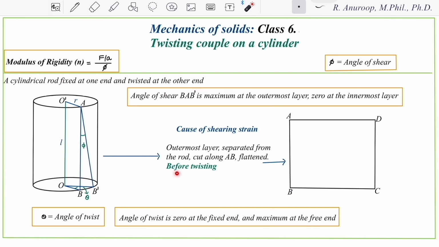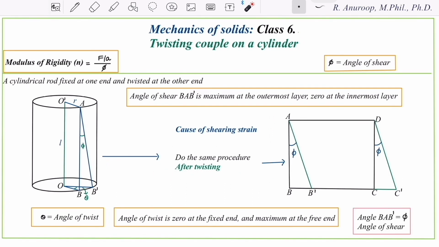That is before twisting. Now do the same procedure after twisting. When the cylinder is twisted at the bottom end, the line AB, which is initially parallel to OO dash, will take the position AB dash. That is, line AB is twisted through an angle phi. That phi is called angle of shear. Now separate the outermost layer, cut along AB dash, then flatten the layer.